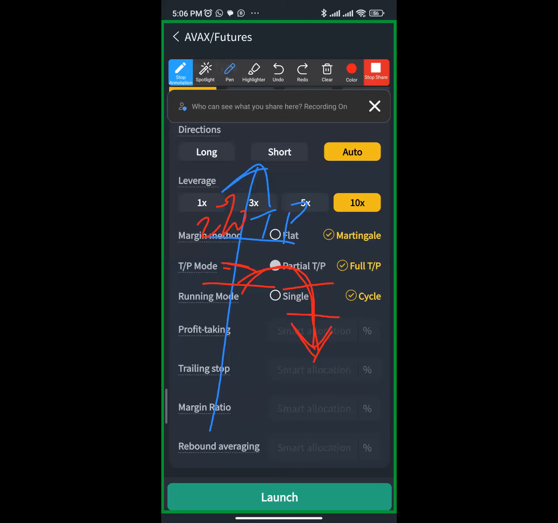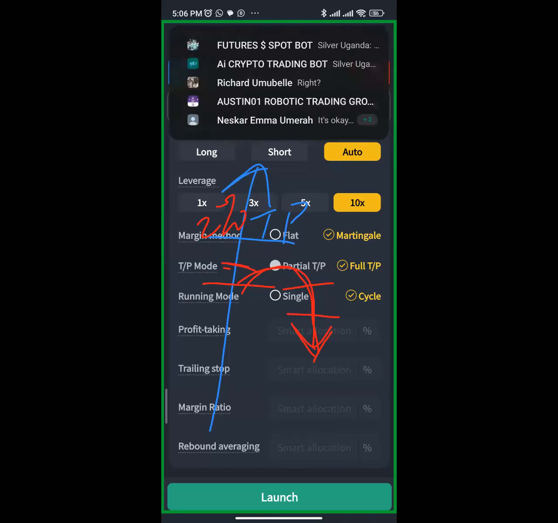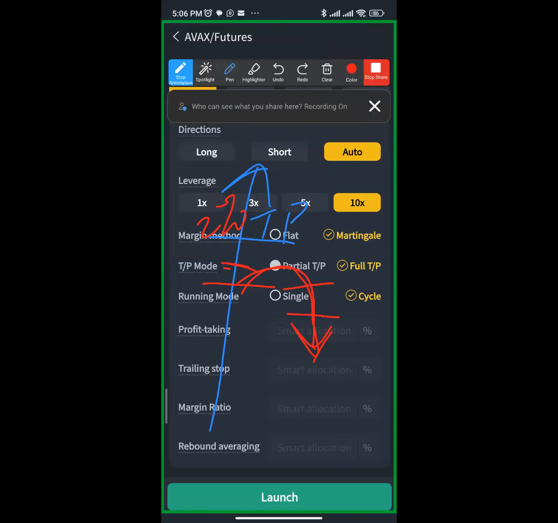When this happens, you're going to notice a little change in your exchange. Your exchange is going to differ a little bit from your Apollo statements. You're going to see a little decrease in your futures wallet balance. You do not need to worry because the robot is taking absolute control.